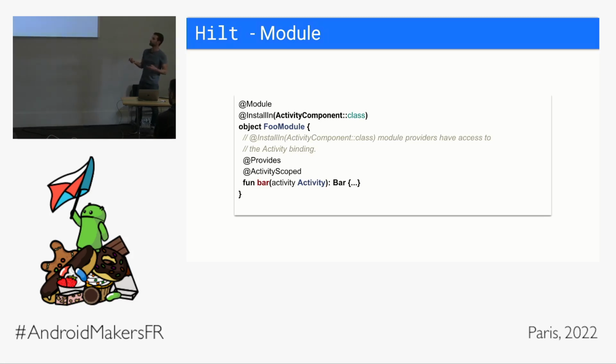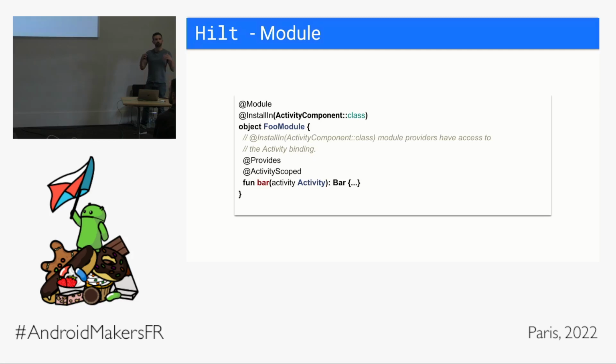For instance, if I want this Foo module available in the activity component, I add the annotation @InstallIn(ActivityComponent), and I get the activity binding if I need it for my factories, and I can even use the provided activity scope if I want to scope this dependency with the activity scope.